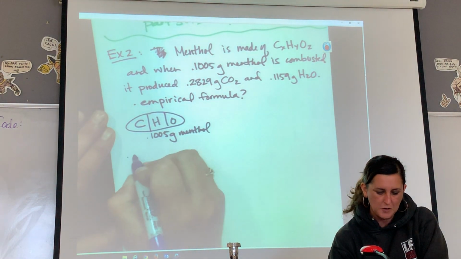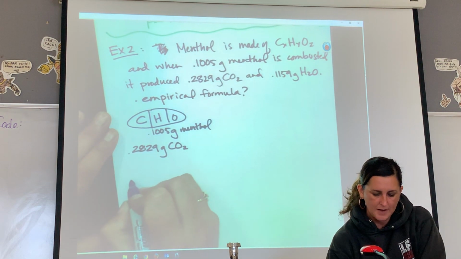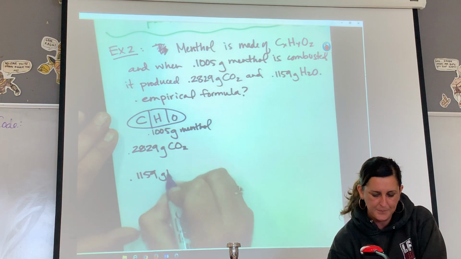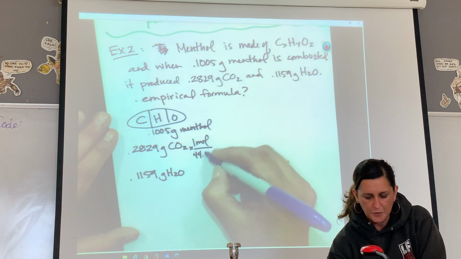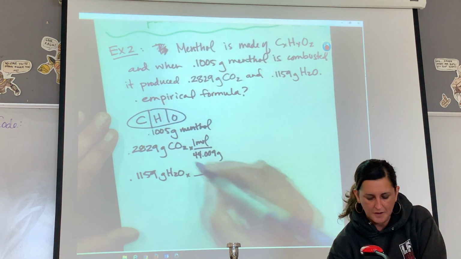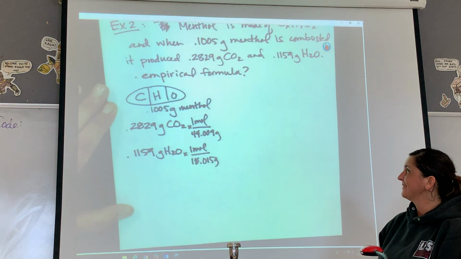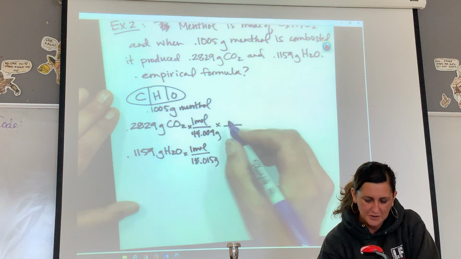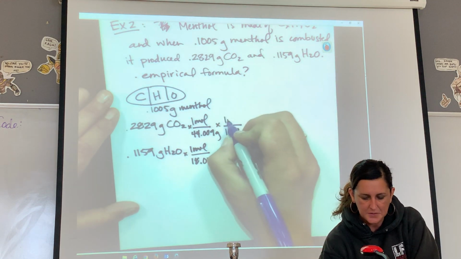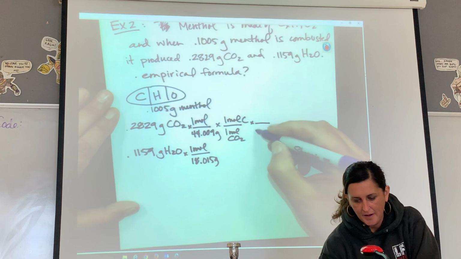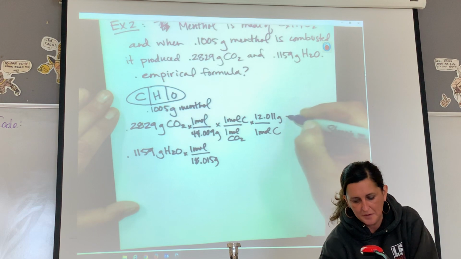So the first thing we want to do, of course, is start with our grams of carbon dioxide and our grams of water. And we're going to convert to moles. So 44.009 grams for the carbon dioxide and 18.015 grams for the water. And then we'll do 1 mole of carbon dioxide is 1 mole of carbon, and then 1 mole of carbon has a molar mass of 12.011 grams.